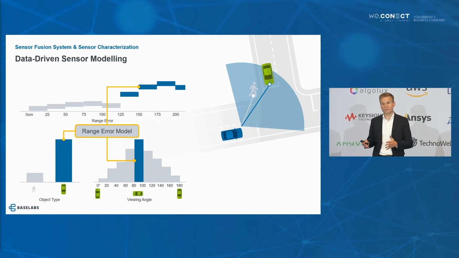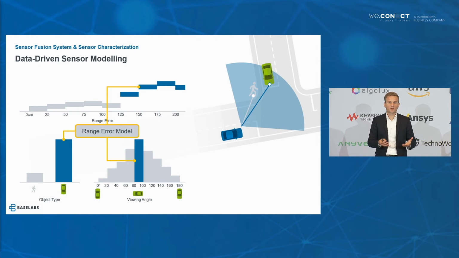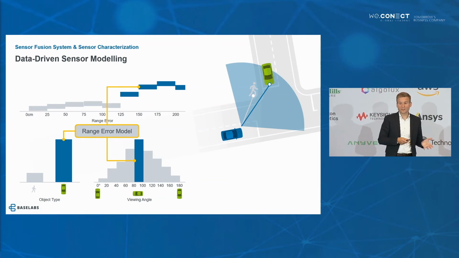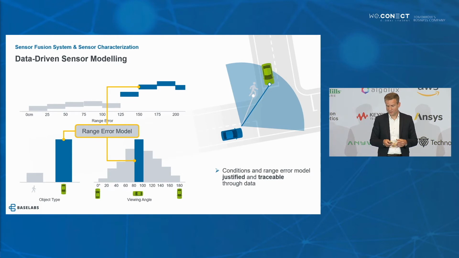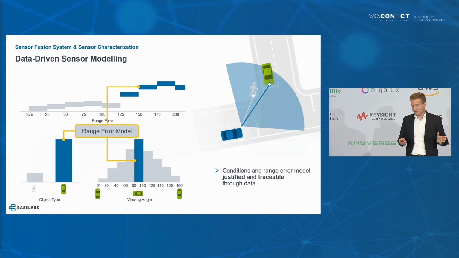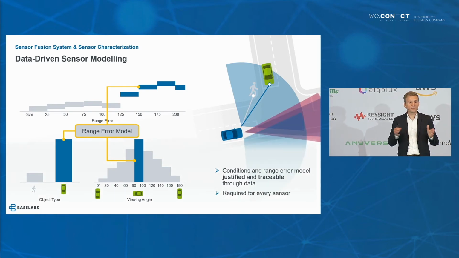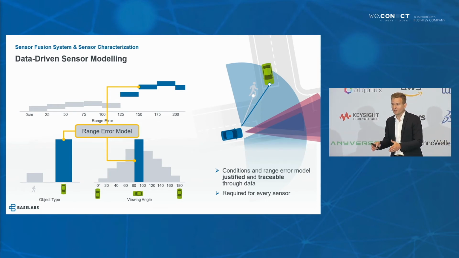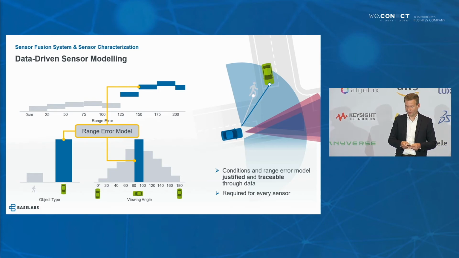And if the sensor changes, then those assumptions can be reproven again with a new set of data, to check whether they still hold and whether the sensor model still looks like that. So we have found the model, and we have justified it, and it can be traced down to those diagrams. Of course, we need to do this for all the sensors, but the good news is we can do this per sensor individually, with some kind of scale for the developer.